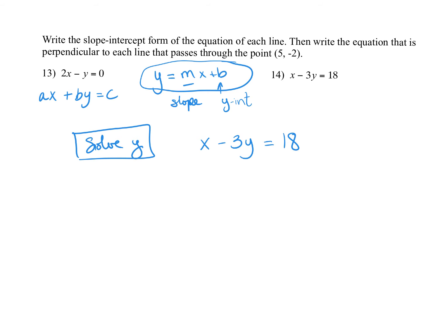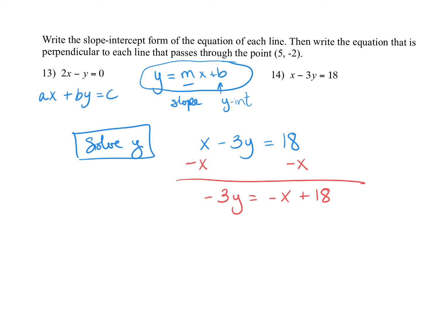So that's what I have to solve for. When we're solving literal equations, the thing we want to solve for stays where it is, and we have to move everything else. So I've got to get this x on the opposite side of the equal sign. So what I have is negative 3y is equal to negative x plus 18.